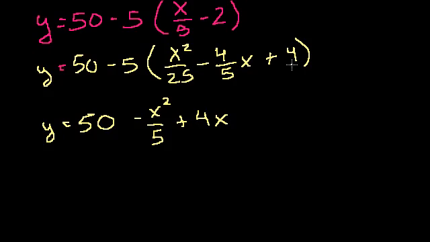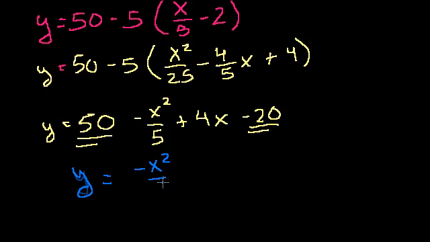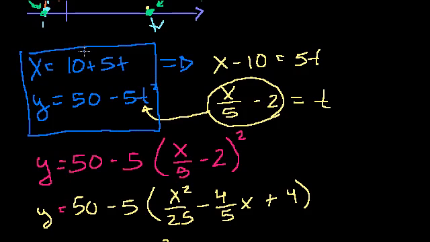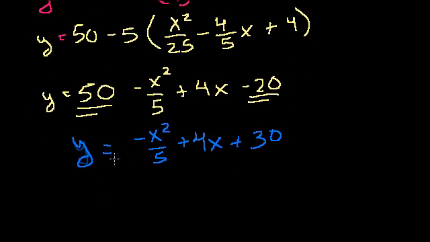And then minus 5 times 4 is minus 20. We're almost there. We can add the 50 to the negative 20. And we get y is equal to minus x squared over 5 plus 4x plus 30. And we're done. We just simplified this set of parametric equations to this one equation where y is a function of x.